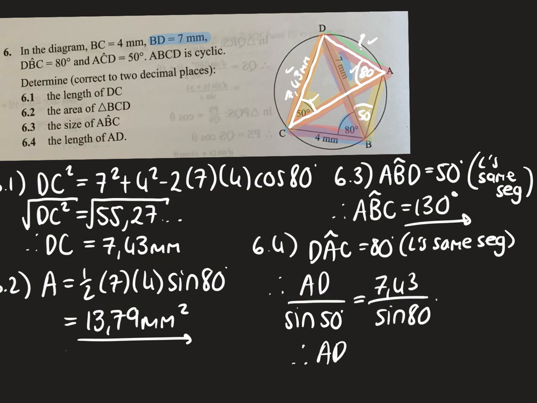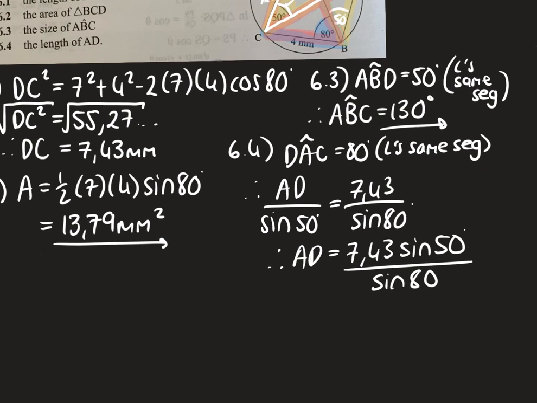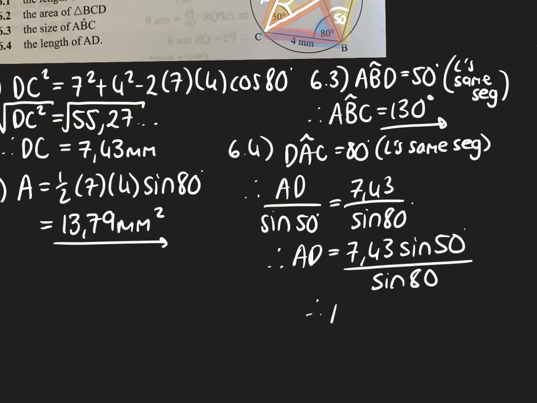Therefore, AD is going to equal 7,43 sine of 50 all over sine of 80. We can put that straight into our calculator, and that's going to give me 5,78.